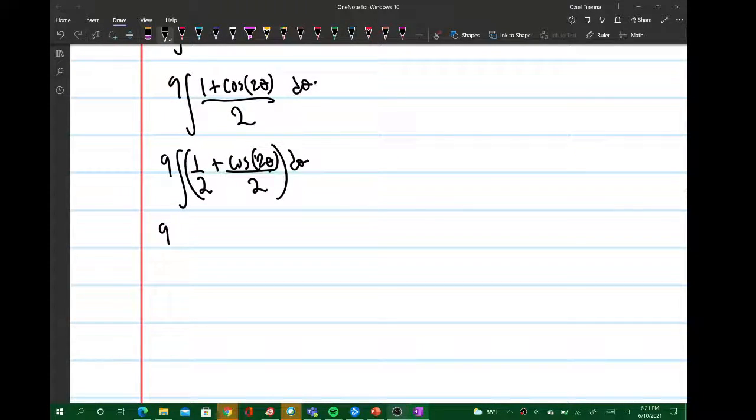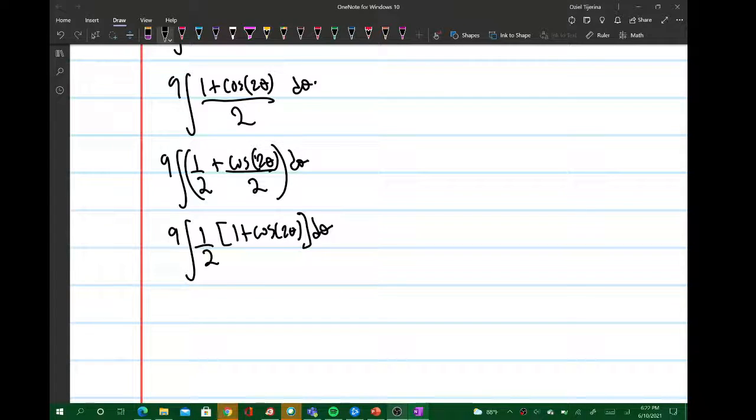Actually, let's do it this way. It's going to be 9 times the integral of 1/2 times (1 plus cosine of 2 theta) d theta.